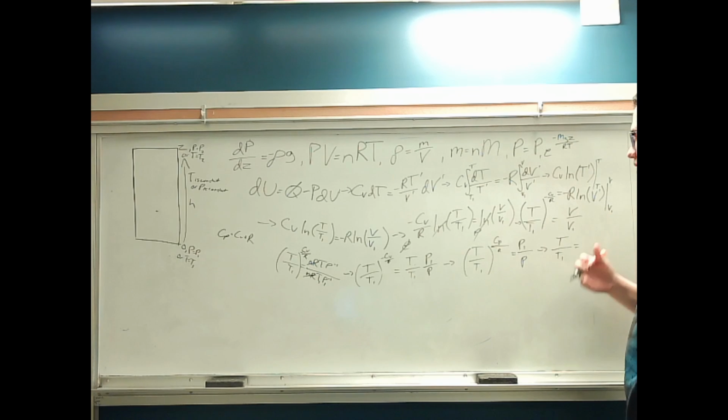Temperature divided by starting temperature is equal to starting pressure divided by pressure to the power of R over specific heat capacity.